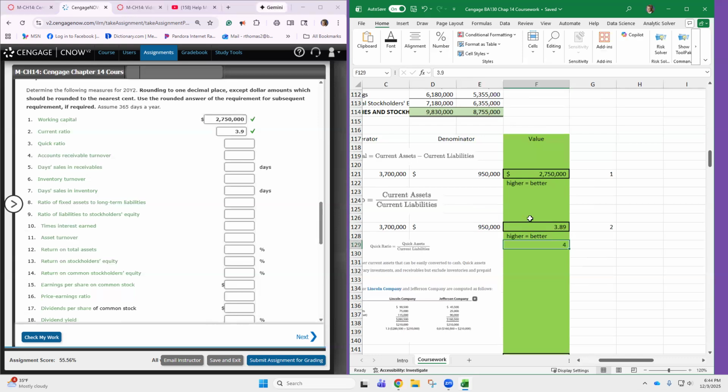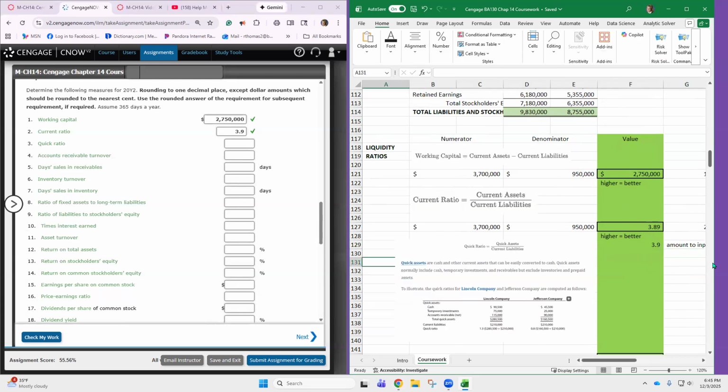Okay, 3.9 is really the answer. That's what I calculated, so I'd know whether I've got to bring up my 8 or leave it alone, right? But now I'm going to increase the decimals here just to one, and then that is the true amount. So amount to input. All right, so we'll try to make sure we get that in there.